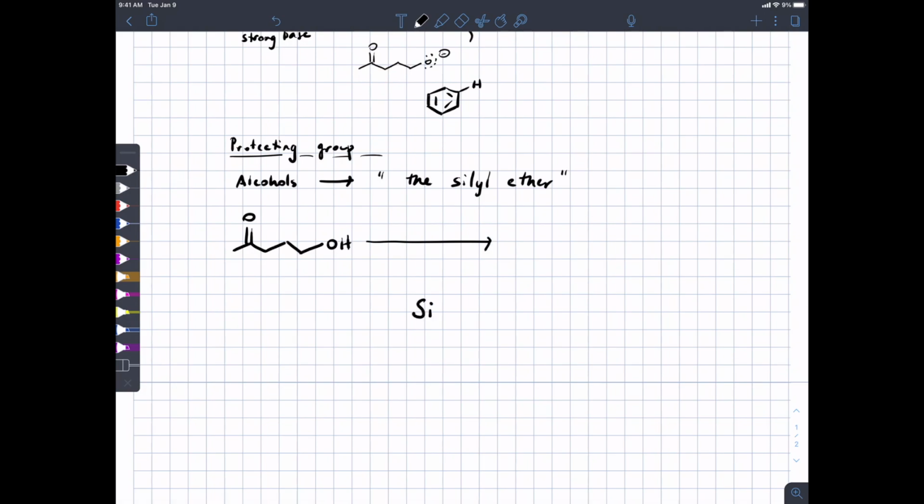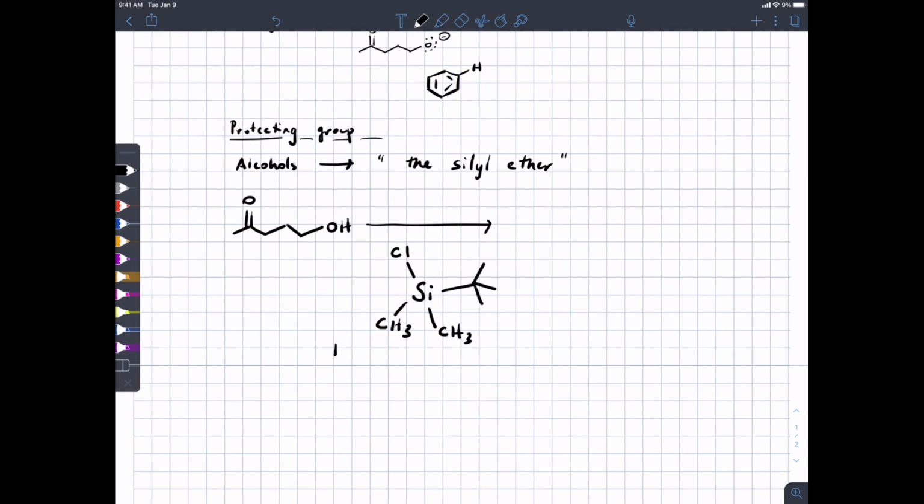You have silicon, you have a tert-butyl group, you have two methyl groups, and then you have a leaving group. This is tert-butyldimethylsilyl chloride, or, because we like abbreviations, TBDMSCl.